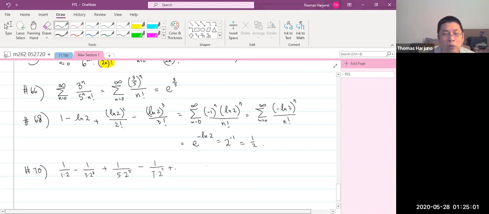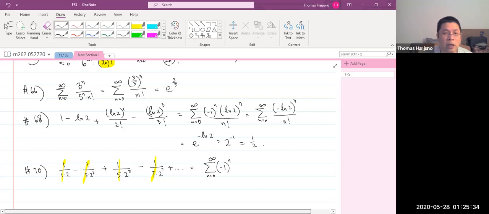Let's try to rewrite that using summation notation. It starts from 0 to infinity. It's alternating, so that's negative 1 to the n. It starts from positive, right? And here my n is starting from 0.